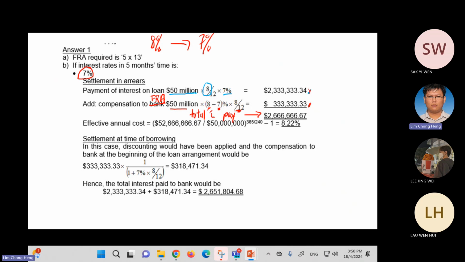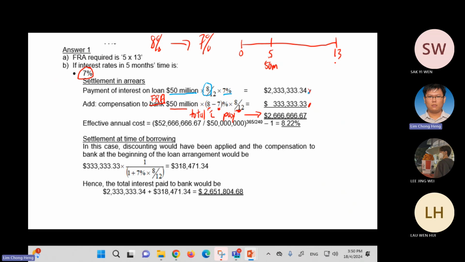Okay, so now this is the total interest you pay. And then the next question is effective annual cost. Sorry, I draw in the diagram in the timeline. So you take the 50 million here.